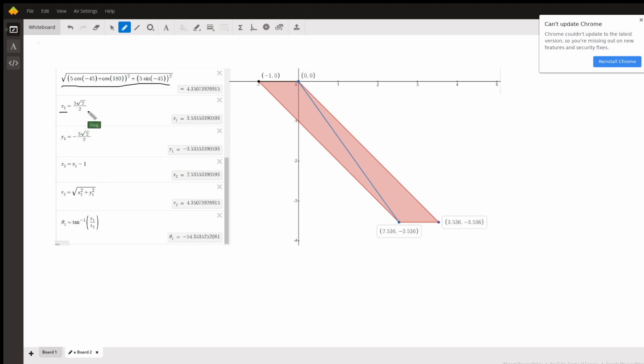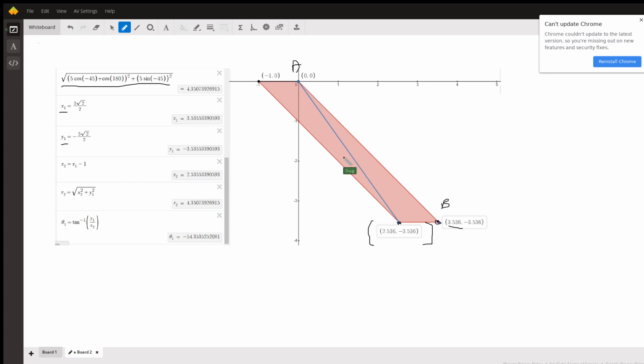But x sub 1, y sub 1, that's the coordinates of the point pointed to by what I call the vector AB. And x sub 2 was this x coordinate minus 1. That took us over to here. So there's the coordinates with decimal approximations of the resultant vector.